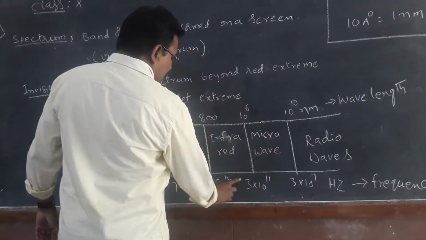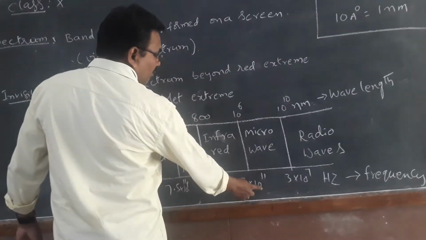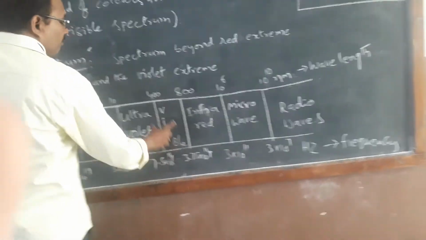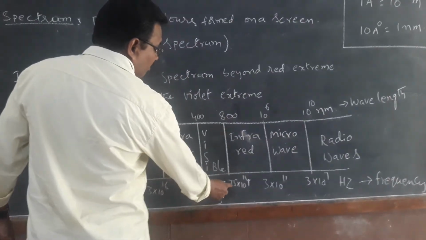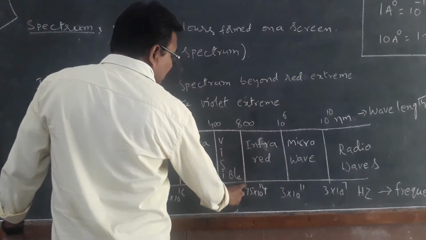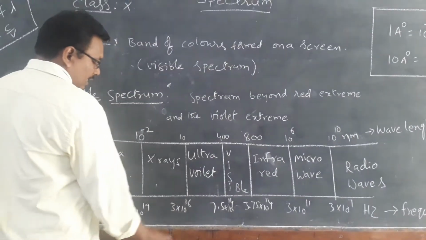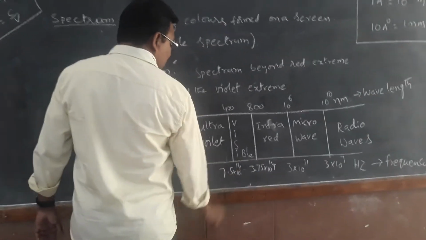Here 3.75 into 10 power 14 to 3 into 10 power 11, this frequency range is called infrared. Visible spectrum is 7.5 into 10 power 14 to 3.75 into 10 power 14. Ultraviolet rays are 3 into 10 power 16 to 7.5 into 10 power 14.